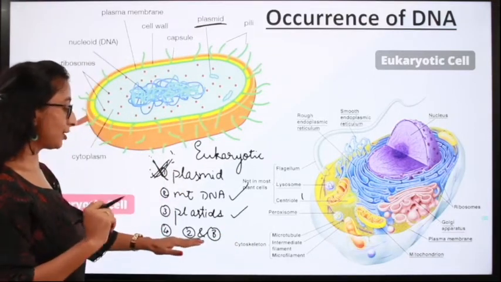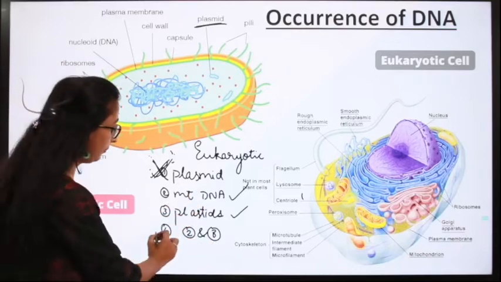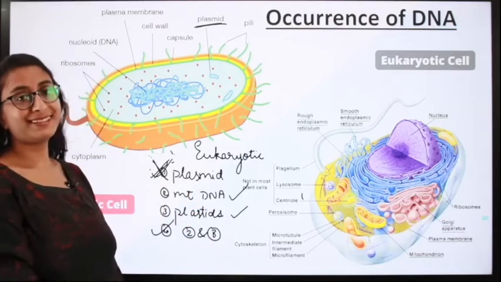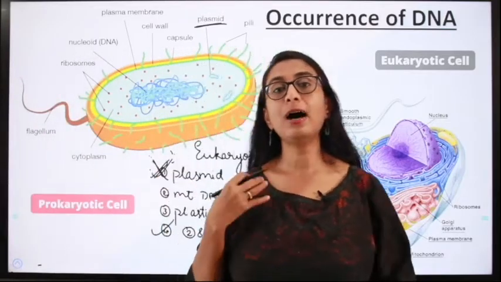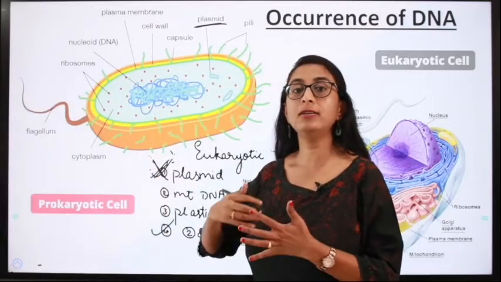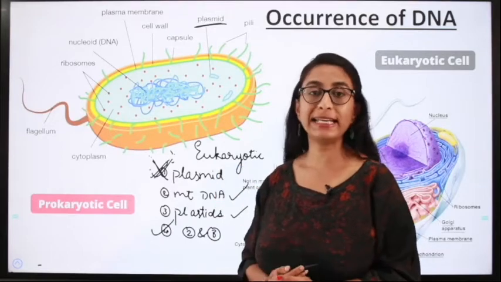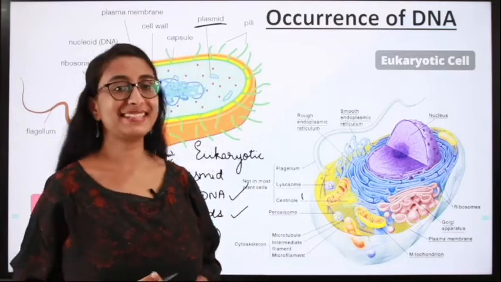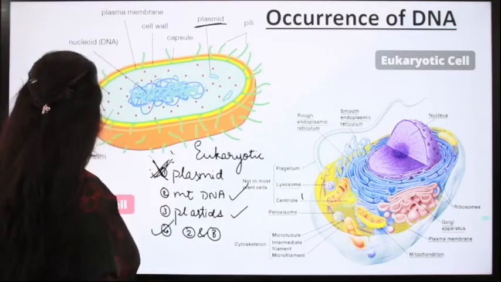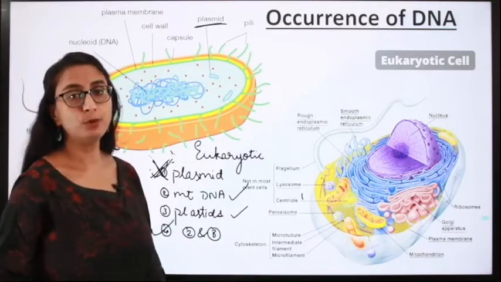So the 4th option, which includes both of them, will be the right option over here. Okay, so now are you able to understand how we have to think and formulate questions when we are studying any particular topic? This will help you a lot when you are facing the examination. So we shall further move on.